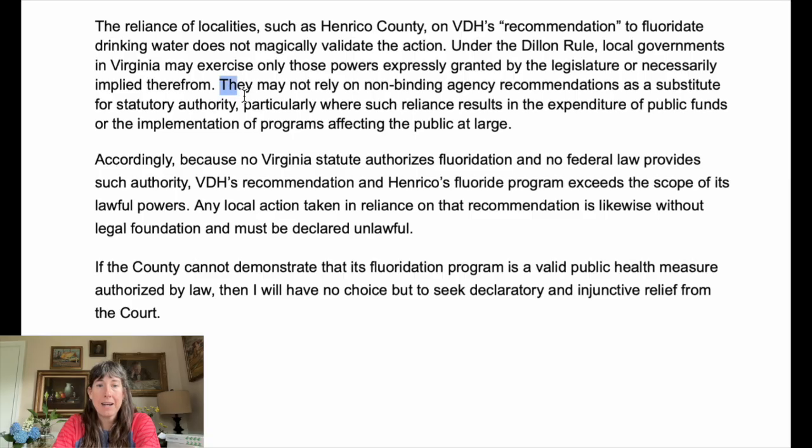They may not rely on non-binding agency recommendations as a substitute for statutory authority, particularly where such reliance results in the expenditure of public funds or the implementation of programs affecting the public at large.